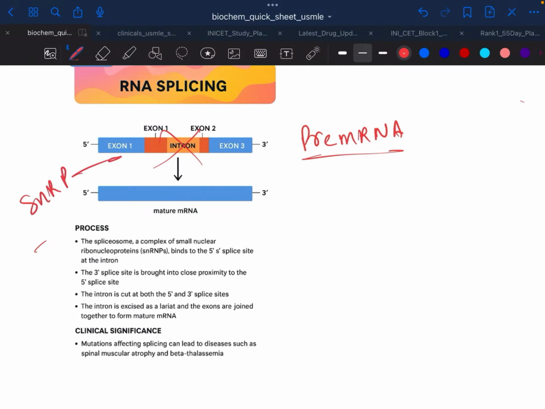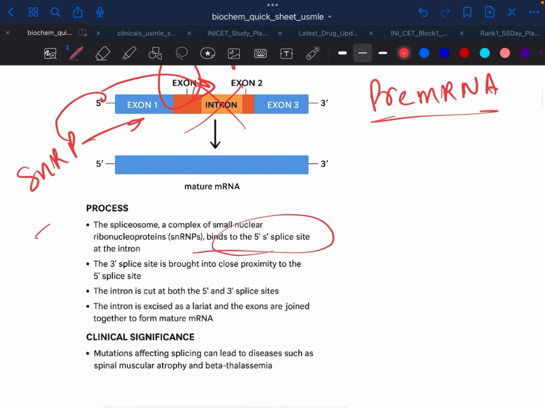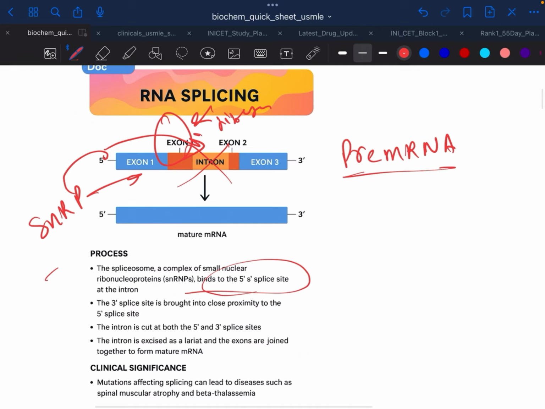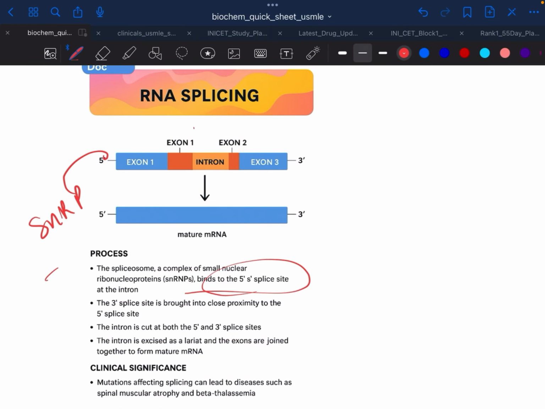An snRNP is bound with this intron, okay? And a spliceosome complex is made, okay, 5 splice site. So imagine this is the 5 site of the intron, and this is the 3 site of the intron, okay, because this is 5 3, and this snRNP has to bind with this.